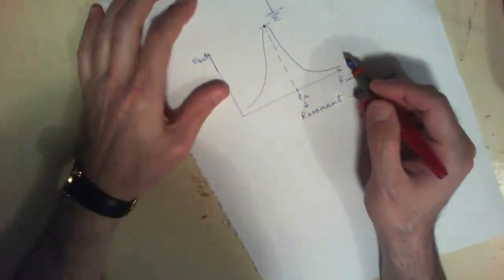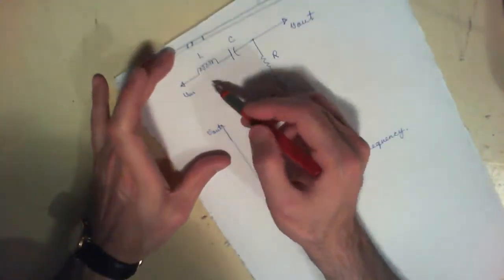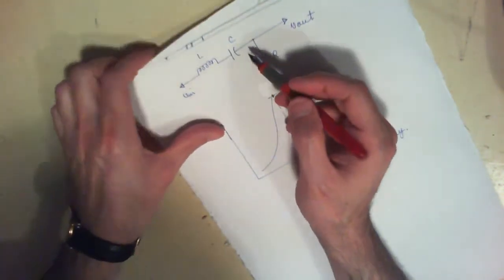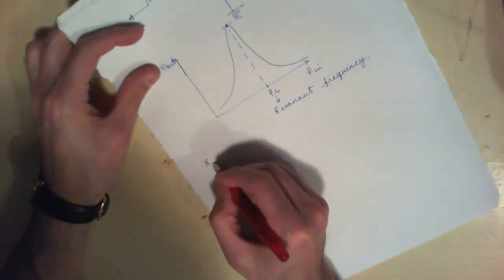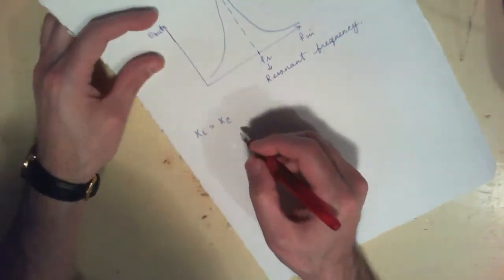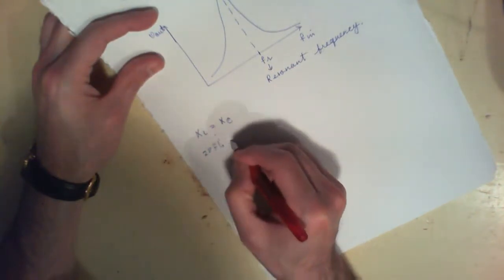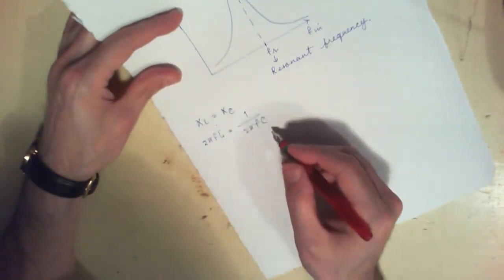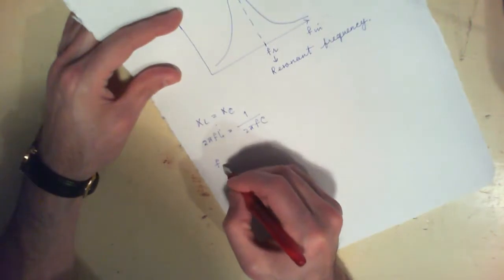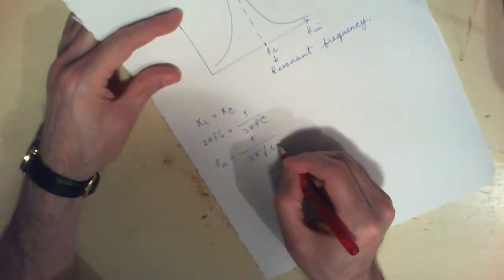Basically the resonant frequency is the frequency at which the reactance of your inductor and the reactance of your capacitor are equal, meaning that X of L is equal to X of C. And then in the previous video we did some algebra on this, meaning that X of L is equal to 2 pi F L, that is equal to 1 over 2 pi F C, and then in this equation we solved for F, and we got F, and we called it F of R, is equal to 1 over 2 pi the square root of LC.